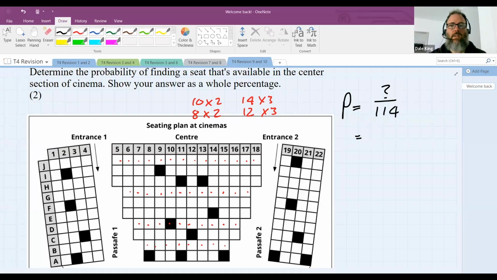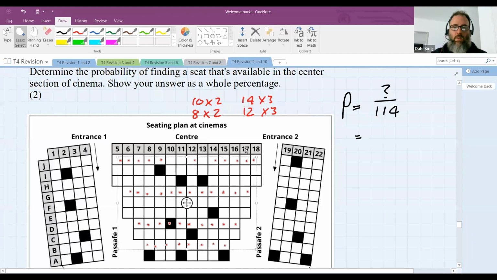Don't just write the answer. You have to show the fraction. Now, there's 114 seats in total. We want the ones that are available. So we've got to take away all the ones that are not available, and that'll leave us with the ones that are available.